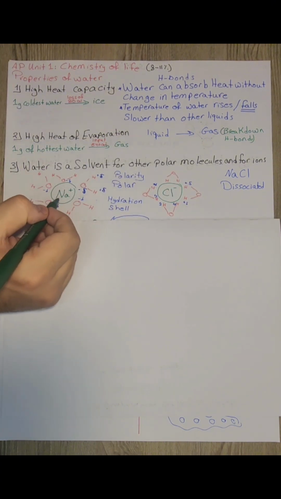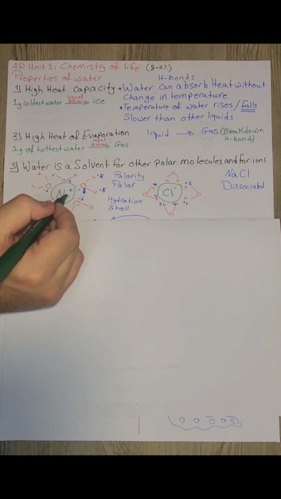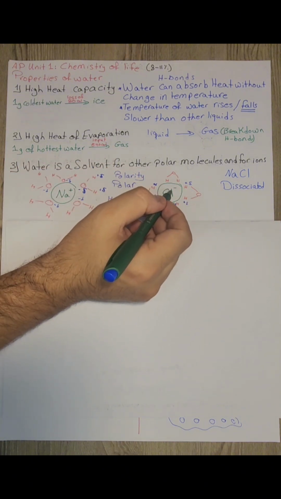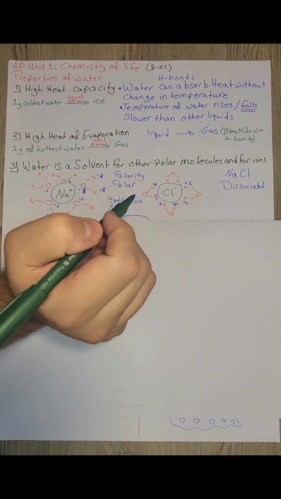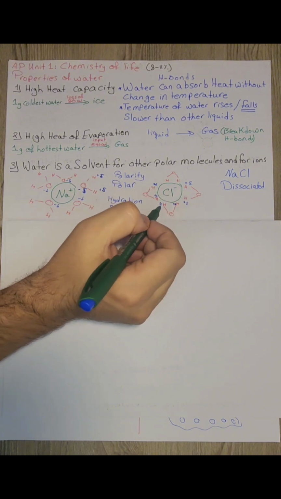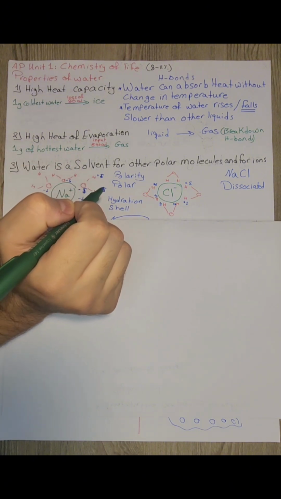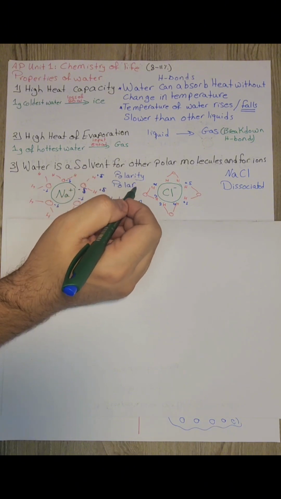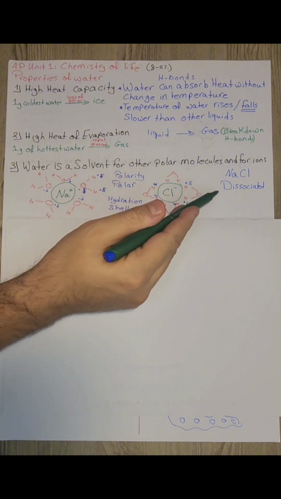The cation here is surrounded by water molecules where oxygen is facing the cation, while the anion here is facing the positively charged atoms in water, which is hydrogen, forming hydration shells around them. So one more time, thanks to polarity for giving water the ability to be a universal solvent and to dissociate ions in water.